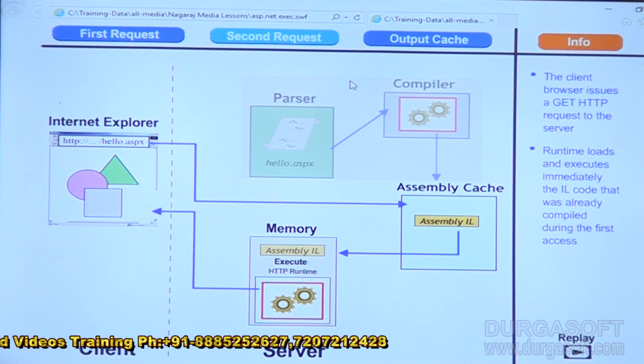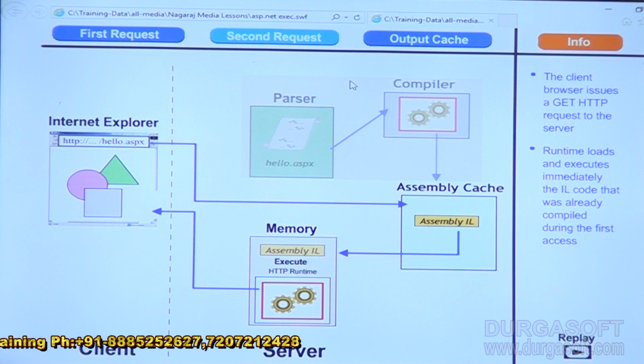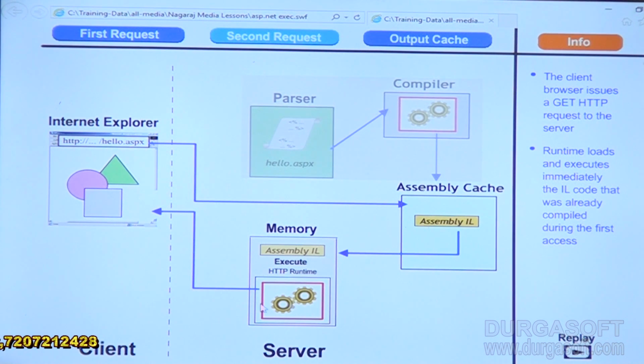Is it good enough or not now? When the original page is changed, it will remove it from the cache. Why? Yes, it is inaccurate now. If I give that result, it's the last compiled page, so it is inaccurate. So that's very good, or not? So first request with all this, second request only this.